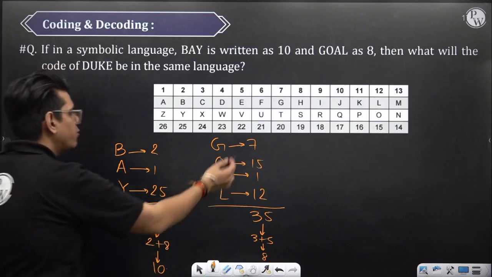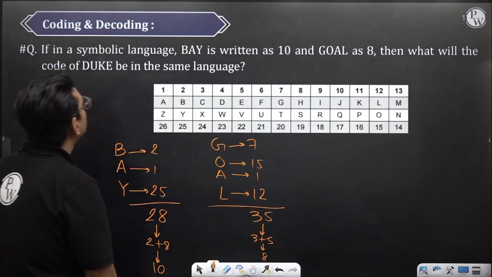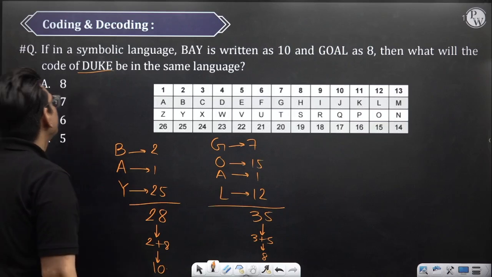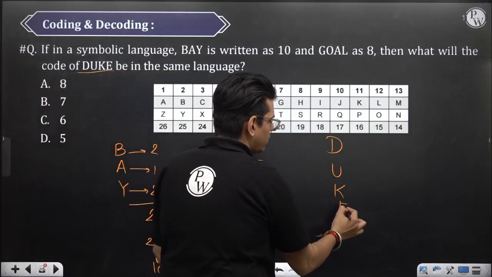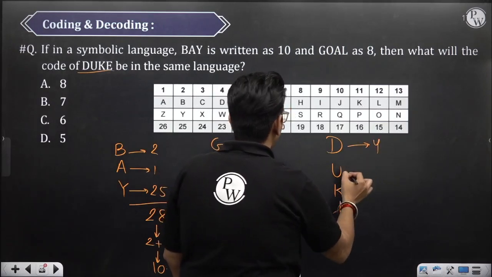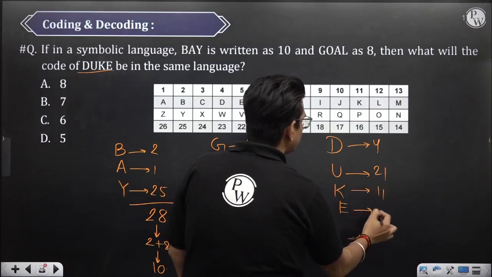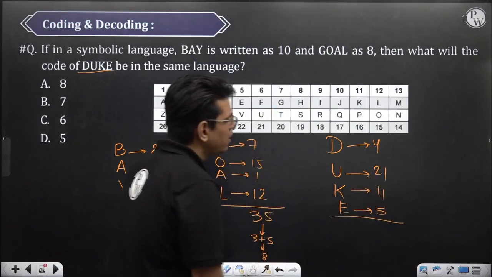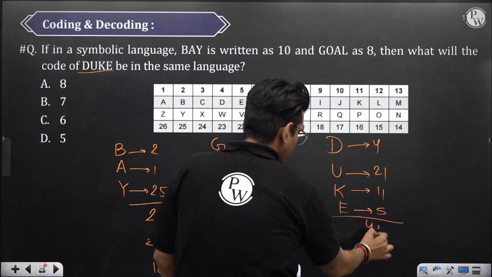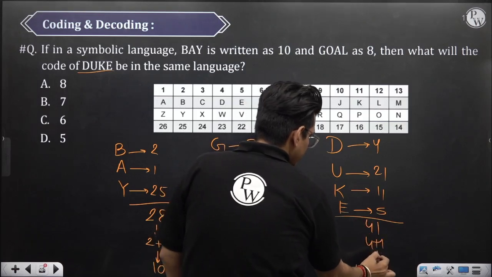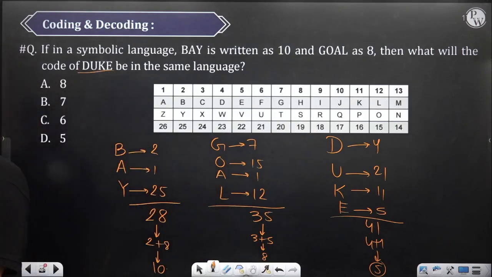We first have to calculate the sum of the positional values, then add the digits. Now we need to find the similar thing for DUKE. D is 4, U is 21, K is 11 and E is 5. The sum is 41. 4 plus 1 is 5. So the answer will be 5.